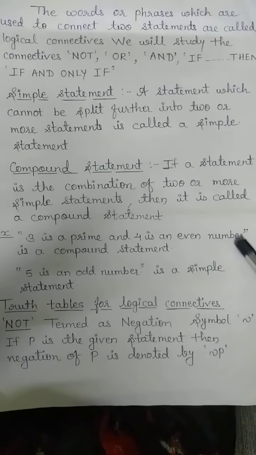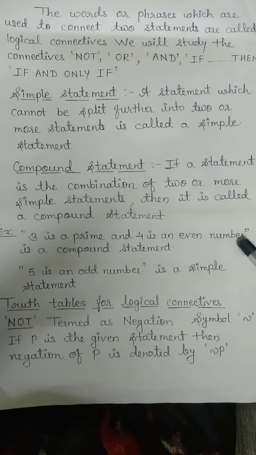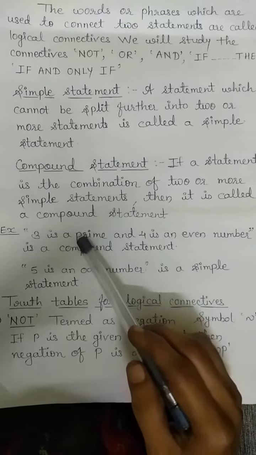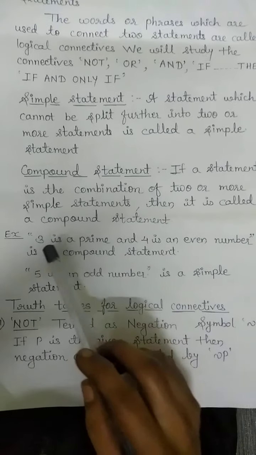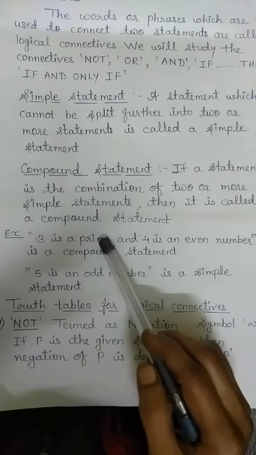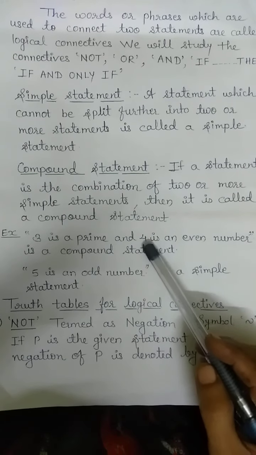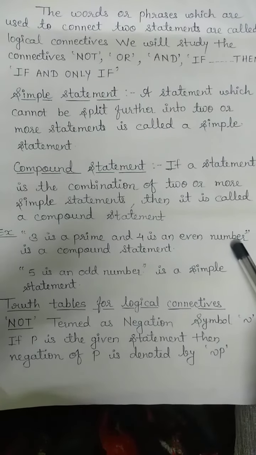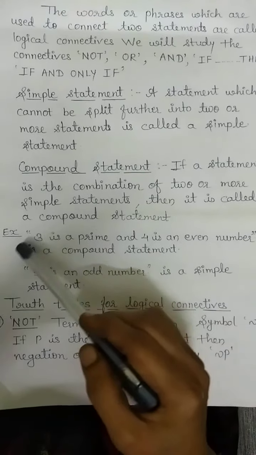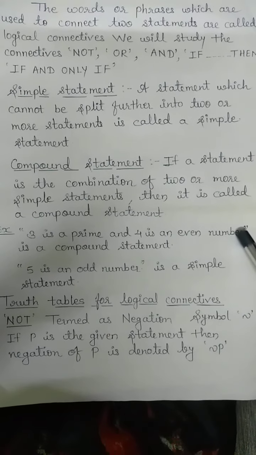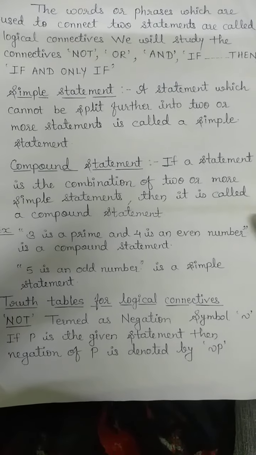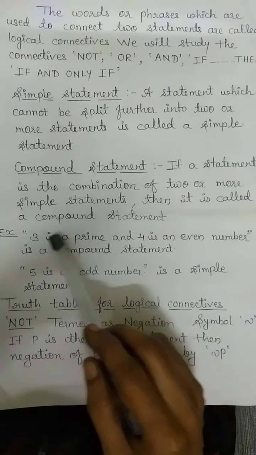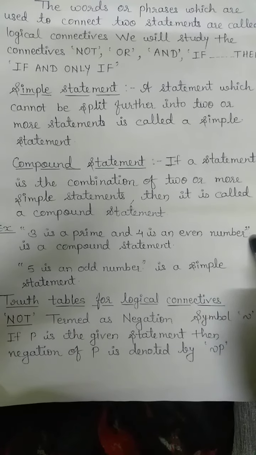Now here, from this entire statement, we can write two simple statements. First is 3 is a prime number and second is 4 is an even number. That means we can say that this is the combination of two simple statements and therefore this is a compound statement.